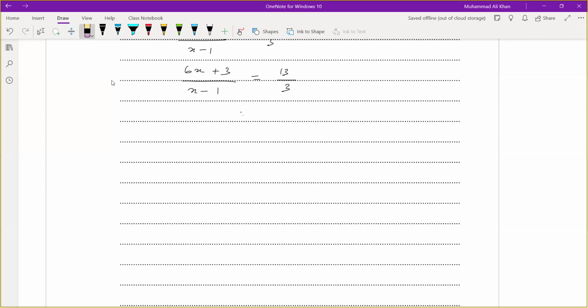Cross multiplication on both the sides. 3 cross multiply होगा numerator के साथ. 18x plus 9 equals to 13x minus 13. 18x minus 13x will be 5x equals to minus 13 minus 9 will be minus 22, and the value of x is minus 22 over 5.